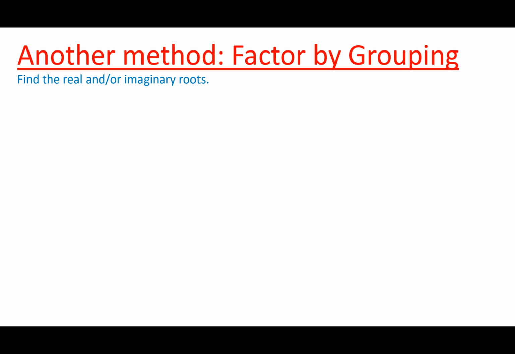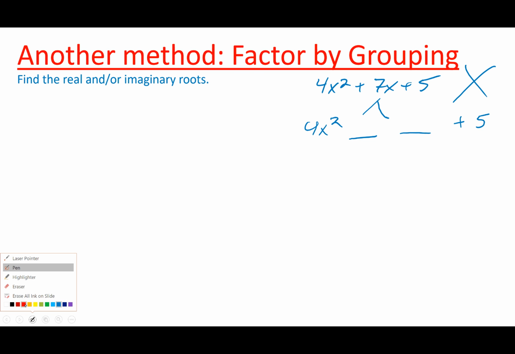Factor by grouping, we've already done a little bit, because if we had something like 4x squared plus 7x plus 5, we'd figure out our factors and split this up, and then we'd have 4x squared, and then something plus 5. Factor by grouping, we are going to be starting from here.